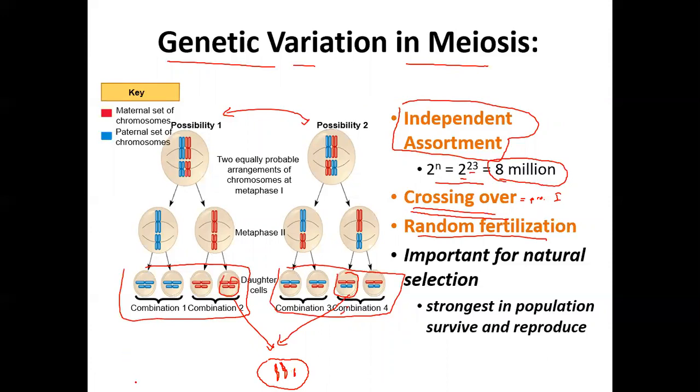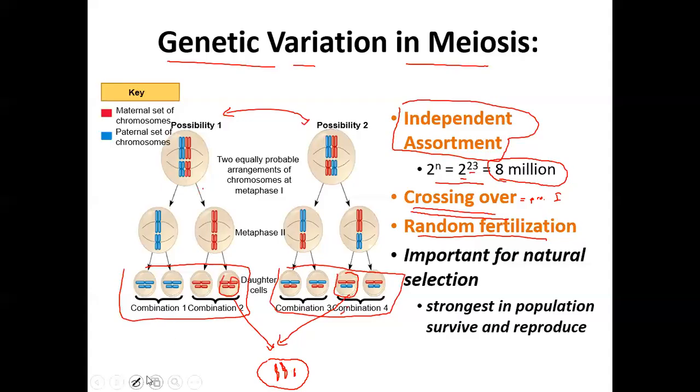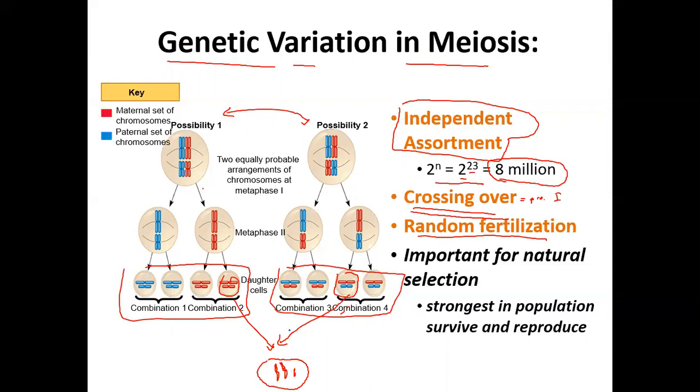Again, like I was mentioning earlier, the point of that was just to increase variation, and the stronger traits are going to be the ones that survive. So yeah, here we go. Like I said, random fertilization, it's all about the gametes that get produced and the gametes fusing together. If I took this gamete with this gamete and these 2 combined, that's your new parental cell, okay?